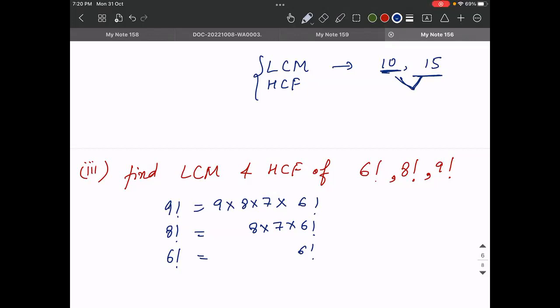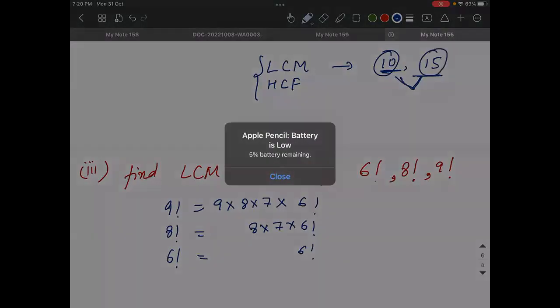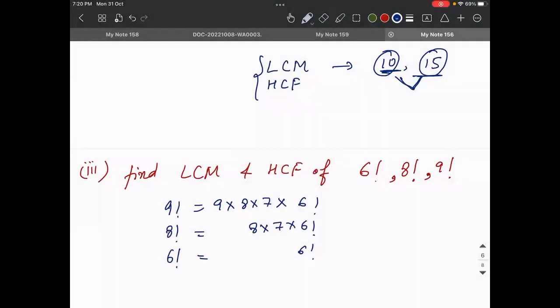You'll find a number which is divisible by both 10 and 15. So 30 is the number. This is how you will find it. You'll find the factor.